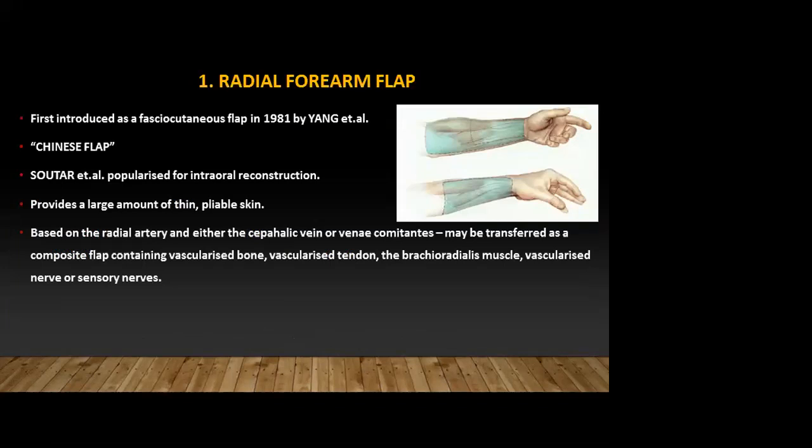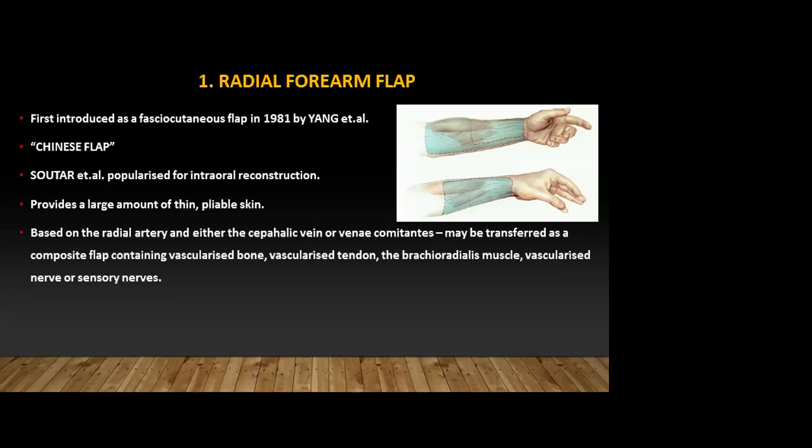Coming to the individual fasciocutaneous flaps, the radial forearm flap. This flap was first introduced in 1981 by Yang et al. And this is called the Chinese flap because Yang et al. published about 61 cases of radial forearm flaps, and it was popularized in the Chinese literature, and this was accepted by the world, and that is why it has been called the Chinese flap.